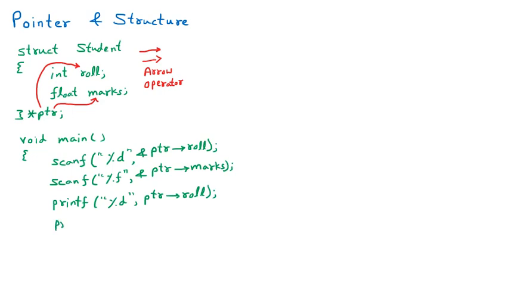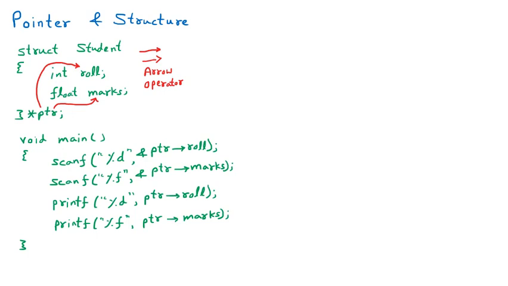Similarly we use printf %f for the floating value, and from the pointer we access the marks. I am using the arrow operator, which is actually the combination of the dash and the greater than sign, and the program closes. So this way the pointer can be used with the structure.